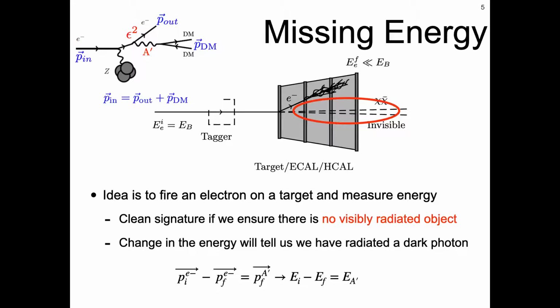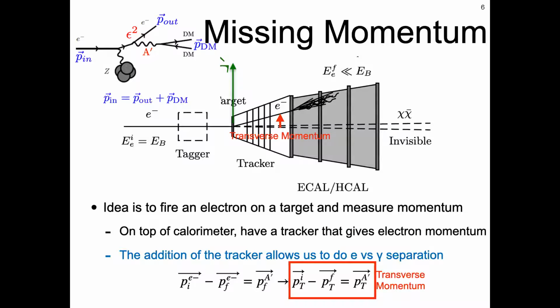You can also improve your detector and do what's called, instead of a missing energy search, a missing momentum search. And so the idea here is to have an electron on a target, and then you measure the electron momentum, and you actually try to measure the transverse momentum, which is the momentum of the electron off of the beam axis.